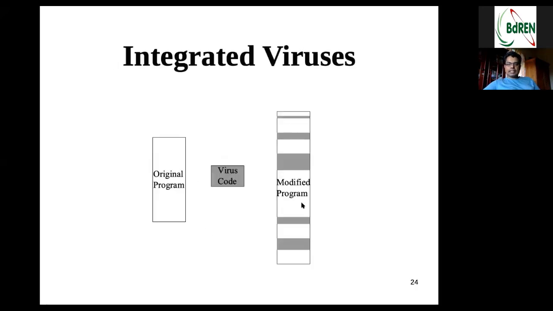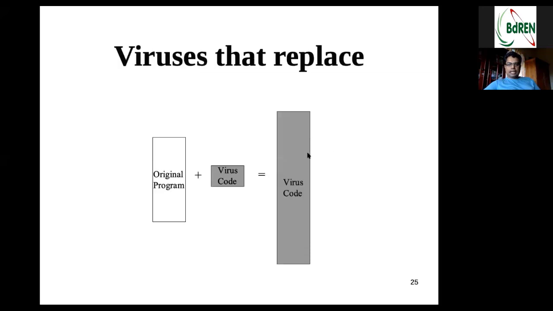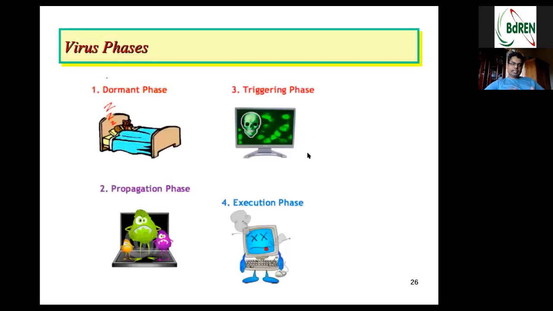So most viruses use either integration or appending. These are the two methods they use to attach their code to the host program. Then I was discussing the life cycle of a virus.